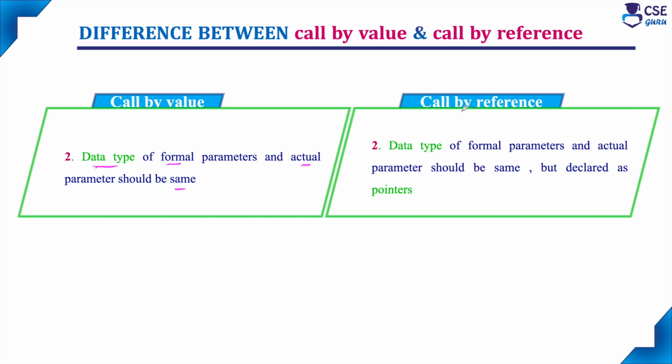Similarly, in call by reference also, the data type should match in formal parameter and actual parameter. But here the formal parameter should be declared as pointers, because we are sending the address of actual parameter variables to the formal parameter. So, for the formal parameter to refer to the address and the value stored there, the formal parameter variable should be declared as pointers. This is the second difference.